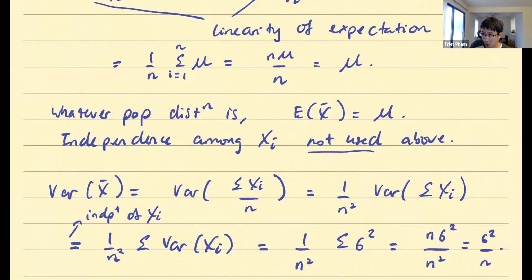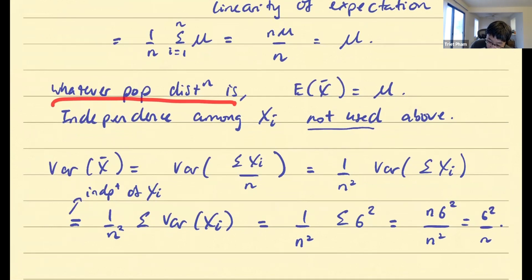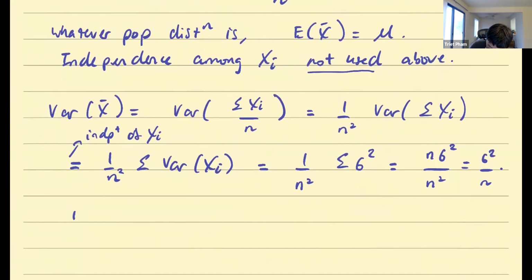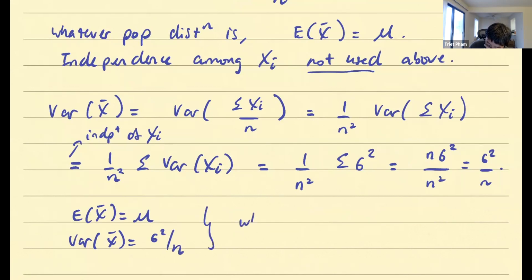Again, I won't repeat the writing, but whatever the population is, the sample mean always has variance sigma square over n. So these two statements are universal statements, whatever the population distribution is. These are good statements.